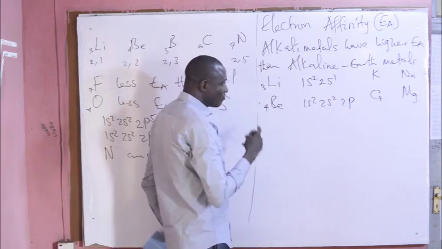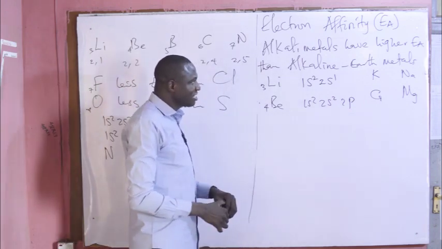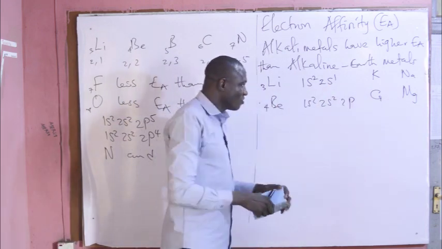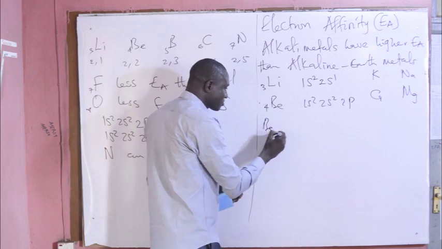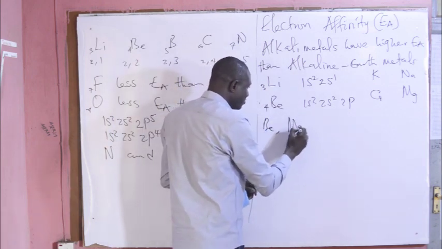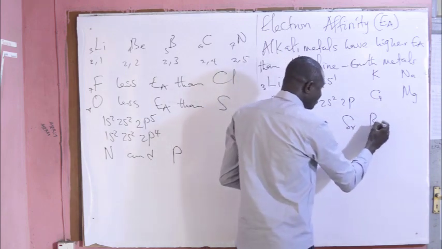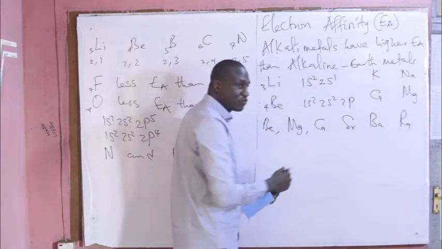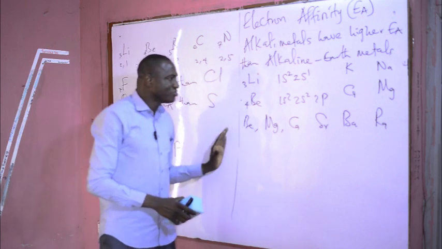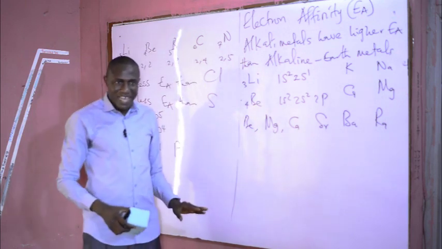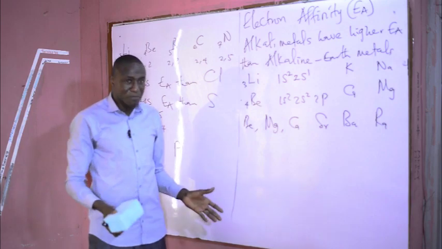Another observation: we observe that the electron affinity of alkaline earth metals, that is the group 2 elements, where we have beryllium, magnesium, calcium, strontium, barium, and radium. These are the members of group 2. We discovered that their electron affinities are almost tending towards 0, meaning the value is approximately 0.